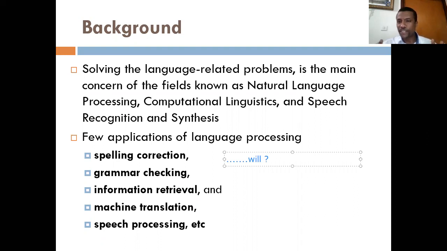Mind you, after will, I cannot have, for example, the word desire. Okay? Or maybe, okay, I can have this one. Will the car come something? Or let's have this one. Can I have will? Or can I have the word can after will? It can't, because the language doesn't allow you. It's not because of the computer, it is because of the language, because the language will not allow the word can to follow the word will.